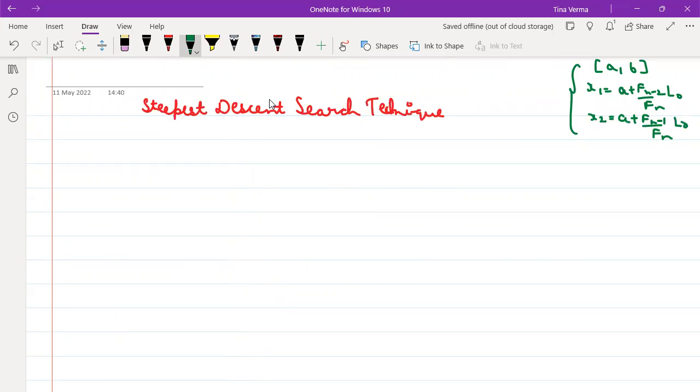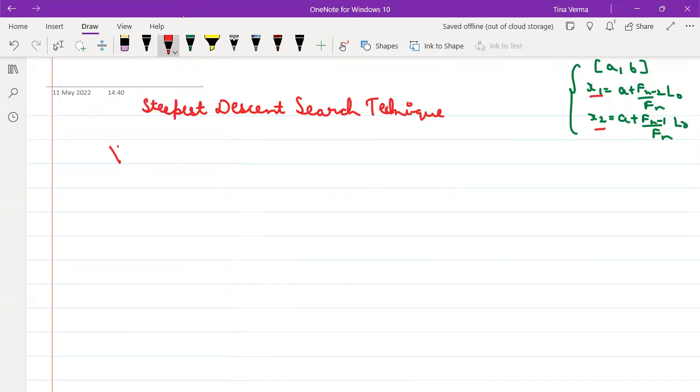So now the next method is your steepest descent search technique. Here, whenever you have to update your value in Fibonacci, आपने क्या लिया था? x1 और x2. जैसे आप अपने numerical analysis में करते थे, that you take xi plus 1. न्यूटन्स में क्या कहते थे? xi minus function's value at xi divided by derivative, right? ऐसा कुछ बोलते थे ना.